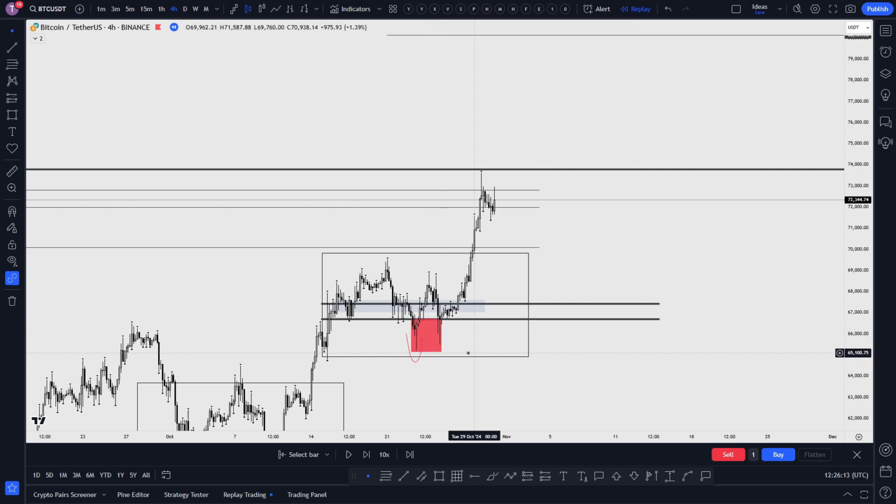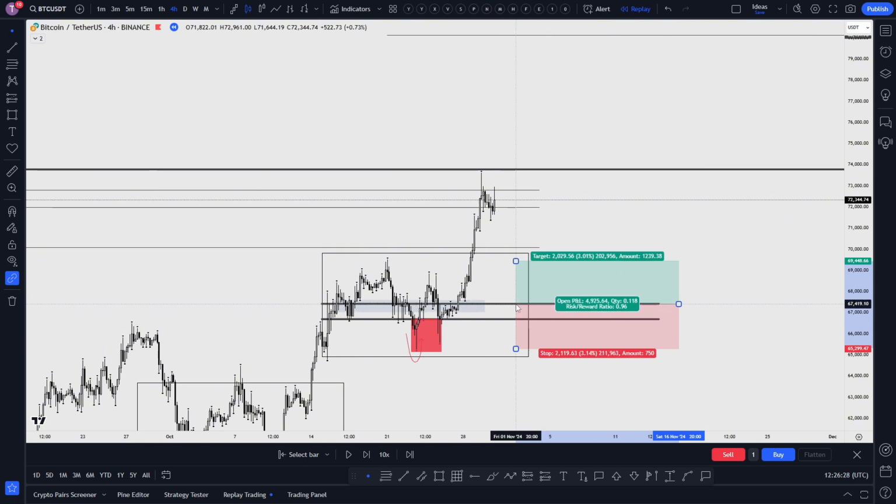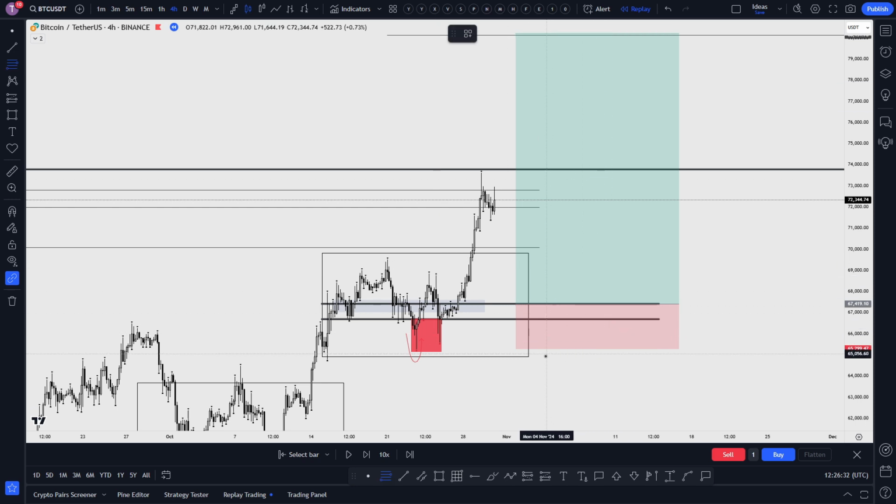Obviously I don't want to see a violation right here, so this will be my invalidation. I will be ready to place the limit order with the stop loss right here, placing the limit around this level and targeting the all-time high right around here, or I'm just measuring the moves and taking a trade with a little better risk to reward ratio.